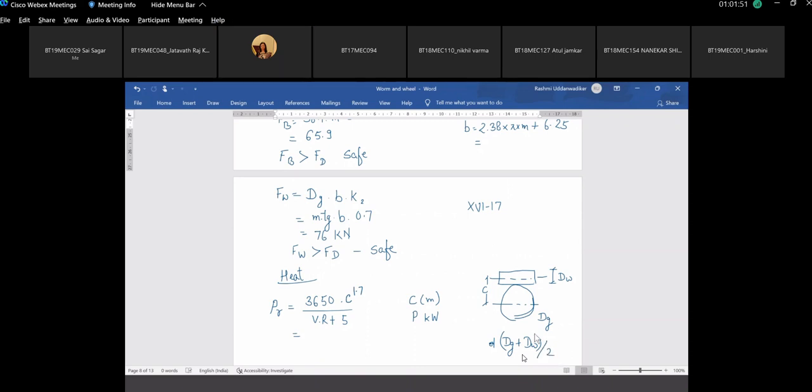What is the diameter of the worm from the design data book? What is dw?